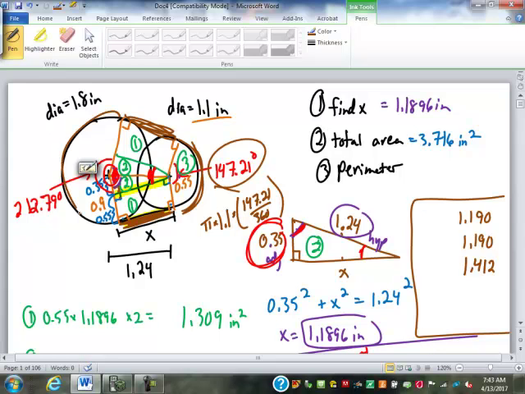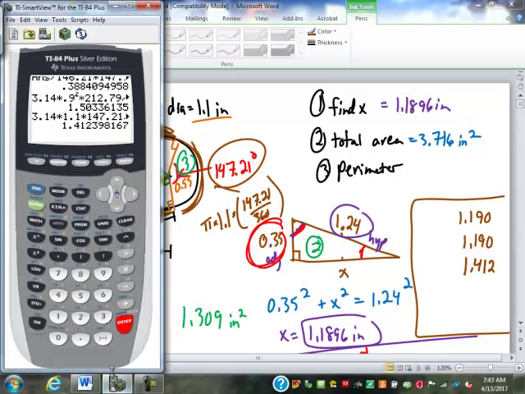Then this arc over here is going to be pi times that diameter of 1.8 times the 212.79 over 360. Just change the angle and change the diameter.